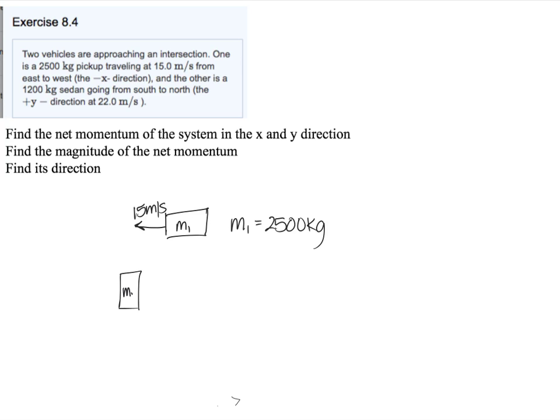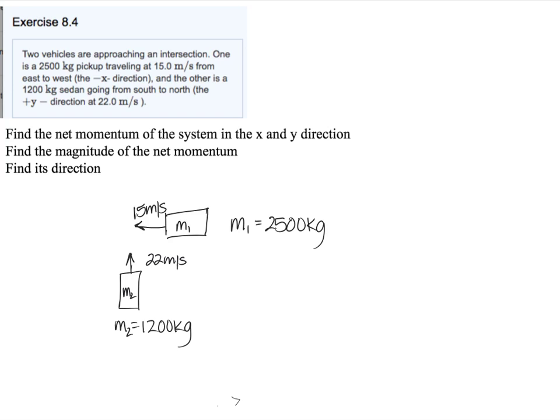Mass 2 is a little smaller, it's only 1,200 kilograms, but it's traveling upwards with a speed of 22 meters per second. So both of these vehicles have momentum. They have momentum in different directions because momentum is a vector.